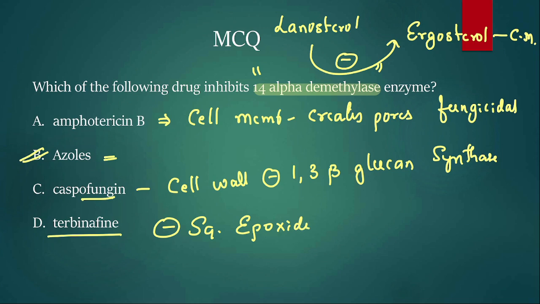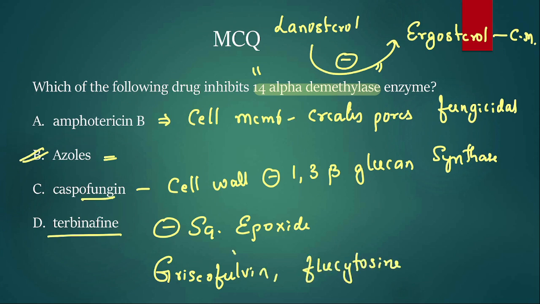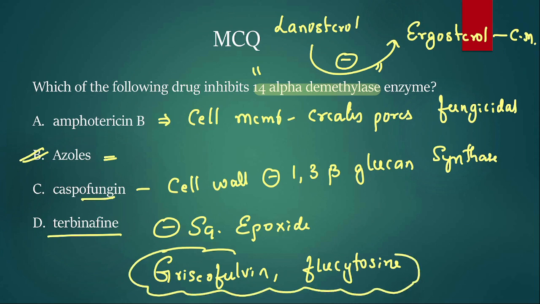Now, squalene epoxidase is important to make squalene into lanosterol. You know, from lanosterol you get ergosterol. Now, can anybody tell me what is the mechanism of griseofulvin and flucytosine? These are two antifungals. You have to tell me in the comment section what is the mechanism of these two antifungal drugs.